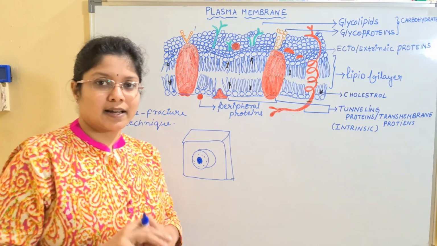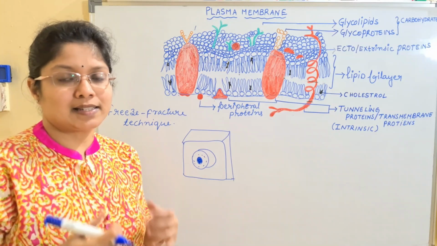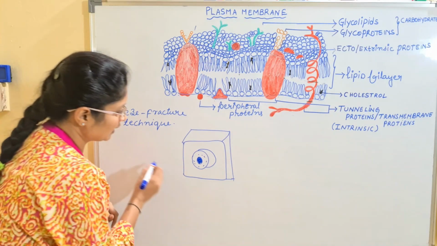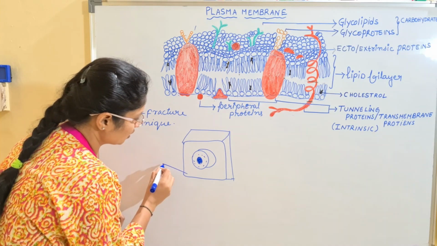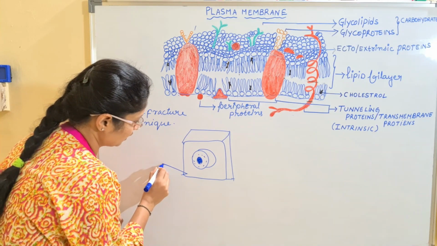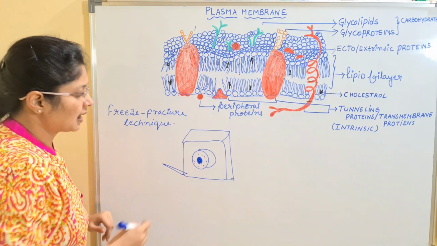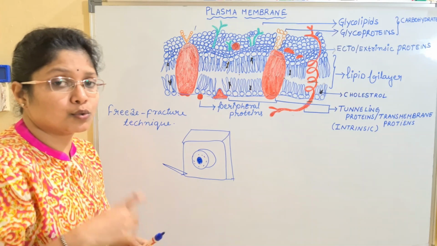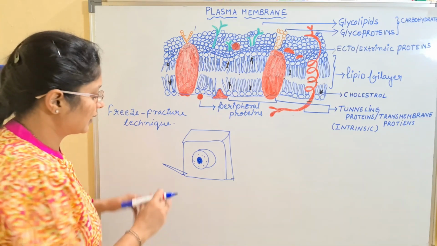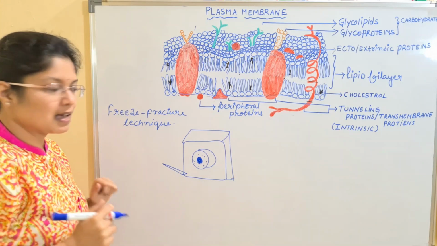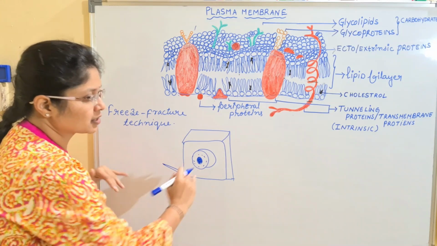Once the cells get frozen, they will be crystallized and it will become hard, right? Then they will simply crack the membrane using a microtome knife. Okay, so let us say this is a cell and it got frozen using liquid nitrogen, and later they will fracture the membrane. First they will freeze the membrane, and later they will fracture the membrane.